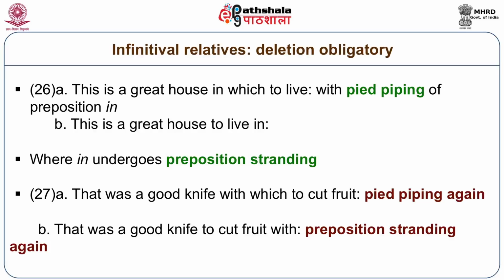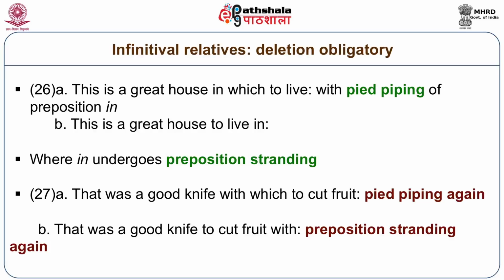There are two things to notice here. One is that the alternation here between in which and in shows that either English leaves the preposition behind when the relative moves up to the left edge of its clause and gets deleted.